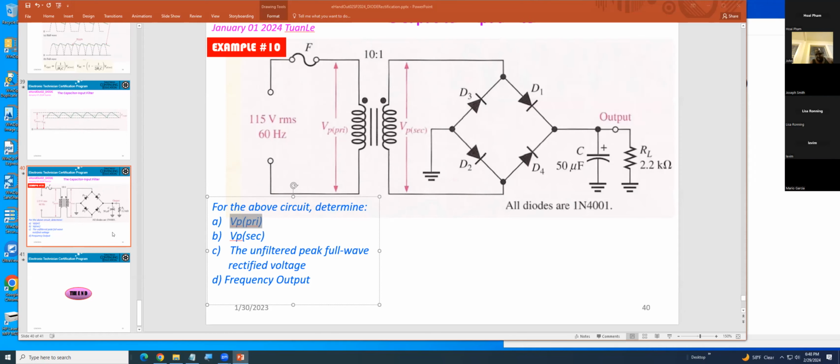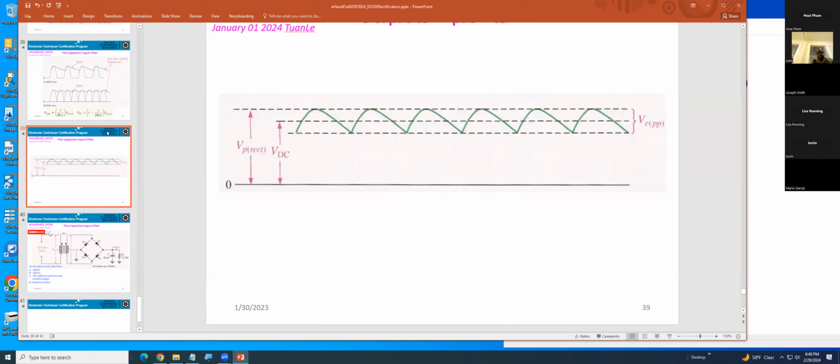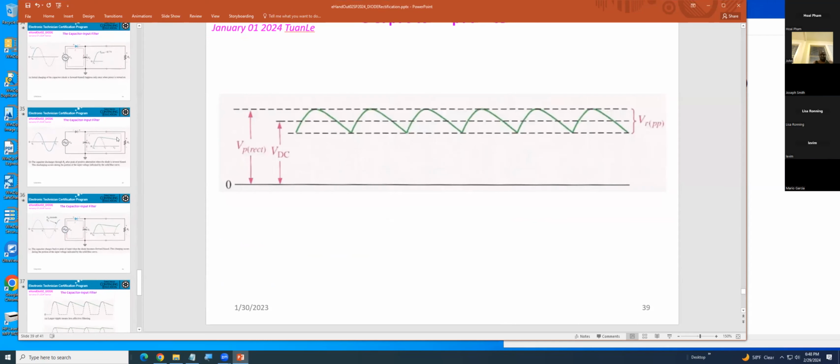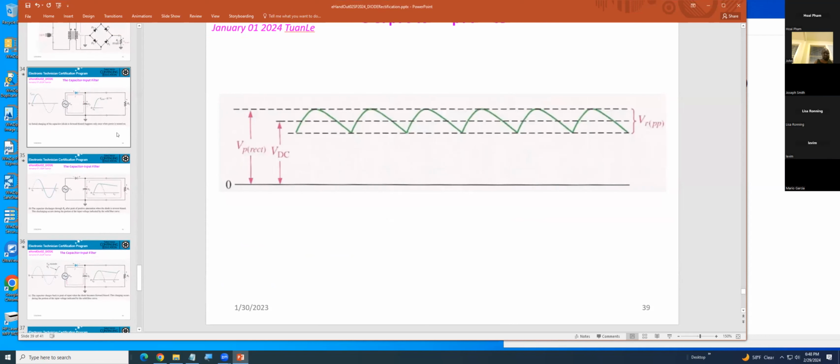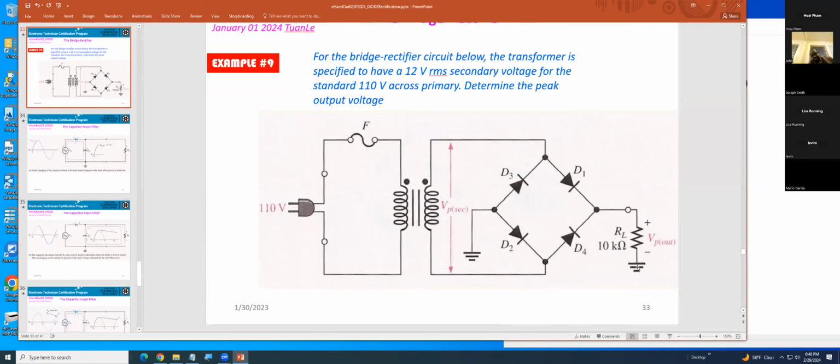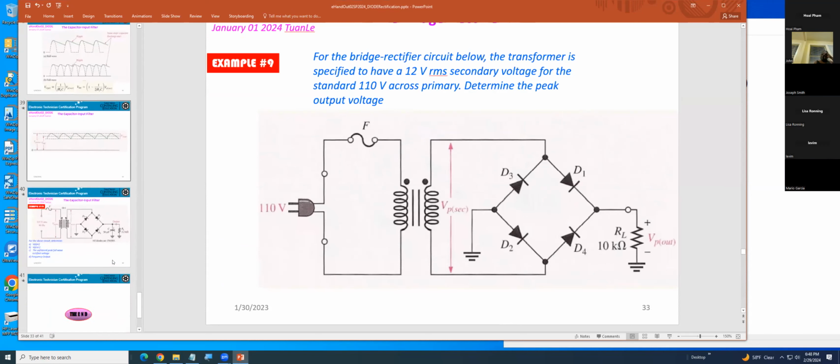So you have to apply the formula. Let's see. The formula they gave you up here somewhere. We pick out, okay, let's see, minus 1.4, I think so.